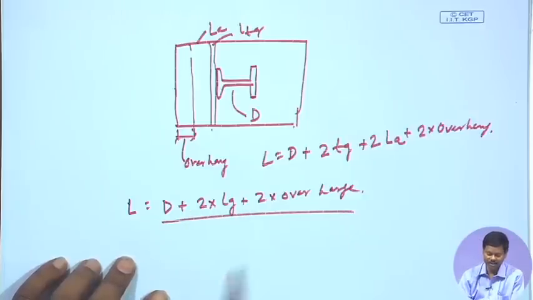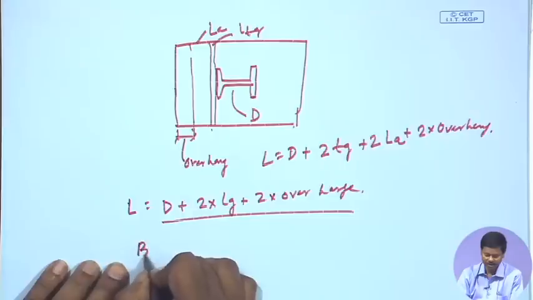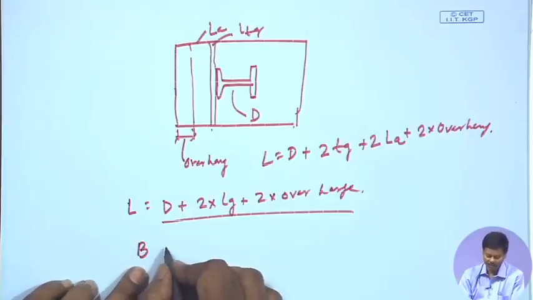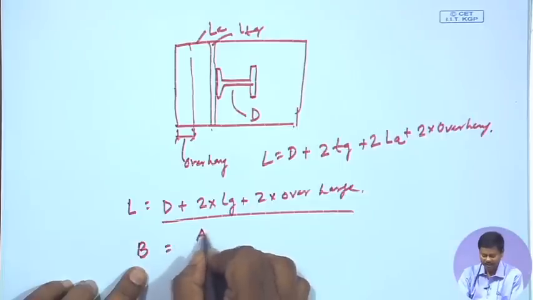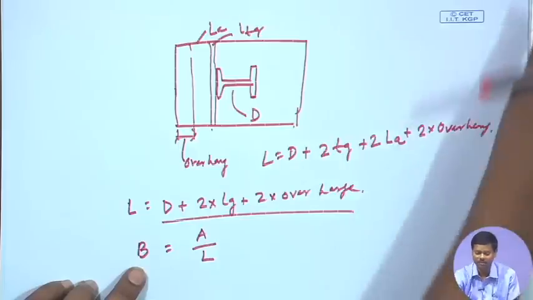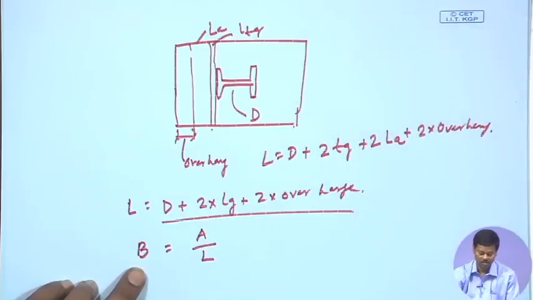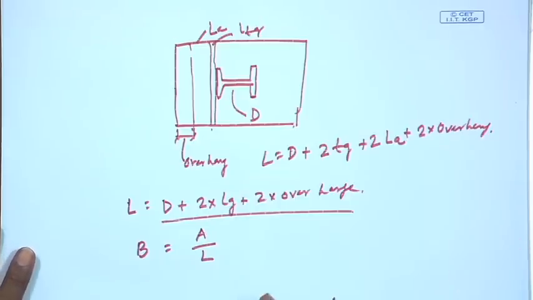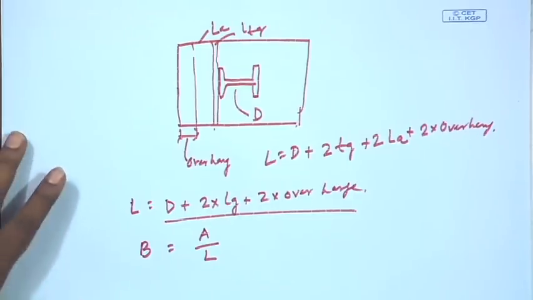Once length is decided, we can find out the dimension of the base plate, that is B. Total area we know, so area by length gives B. Thus, we could find out the length and width of the base plate.